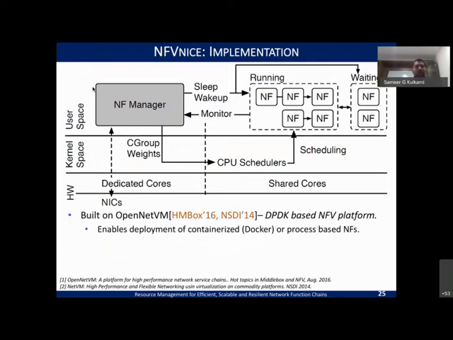So overall, our system looks like this. So we have, like on a hardware, this is a traditional Linux server machine, and you have different set of cores. And as the packets enter through the NIC, we have what we call an NF manager component that is keeping track of how the network functions are behaving, all the network functions that are running.